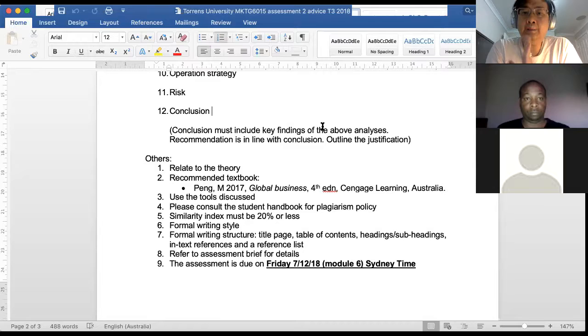Remember, in a nutshell, the core of business strategy is the positioning. Let me go off track a little bit to show you that the core strategy of business is the positioning.